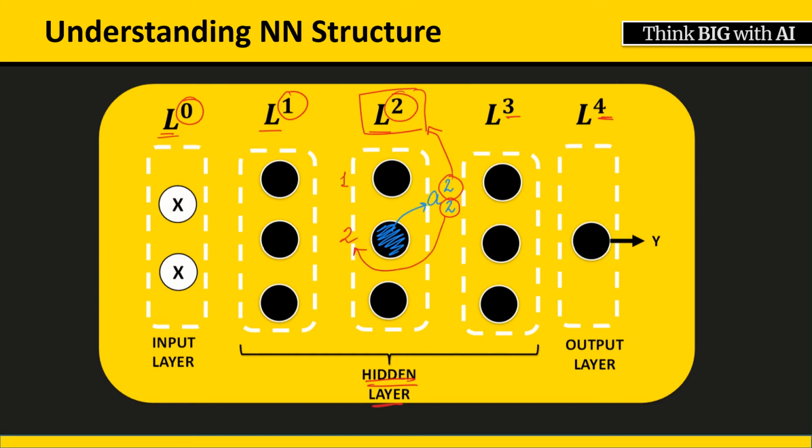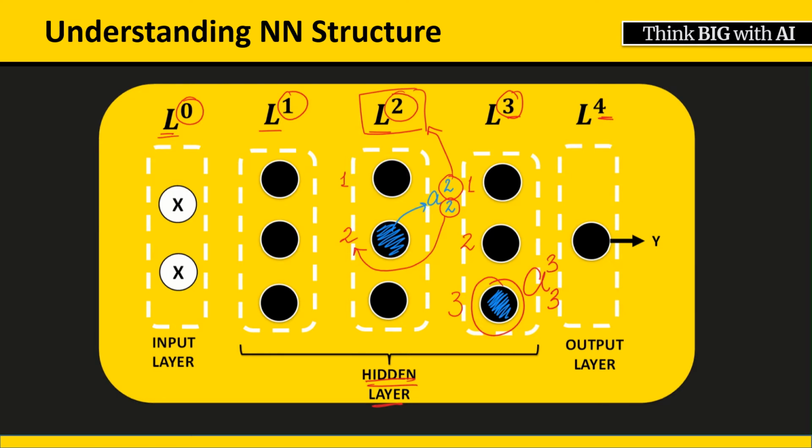Similarly, suppose you want to identify some other node, and let's say this is the node. This node can be identified very easily because it is in layer 3 and it is at position 3. So you can mark this particular node as A3,3. This is very easy.